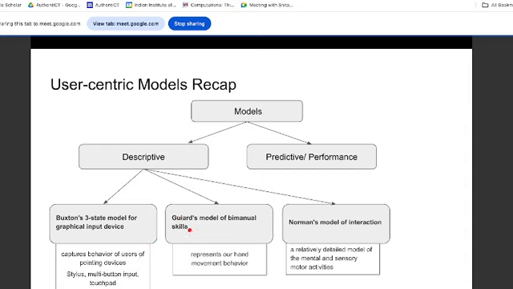Then we studied Guiard's model of bimanual skills. It talked basically about typing and sketching, the drawing behavior of the user, where hand movements were specifically considered.